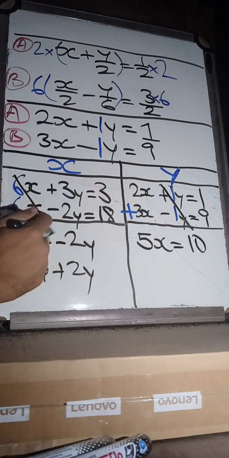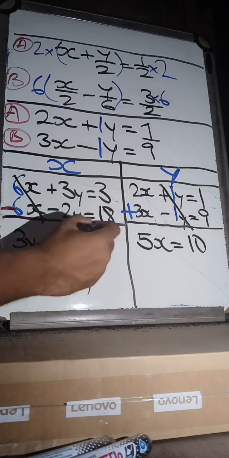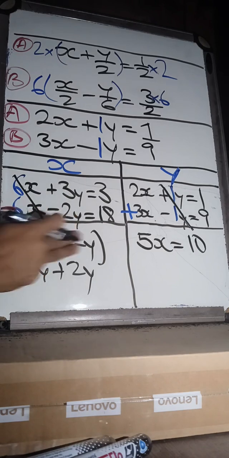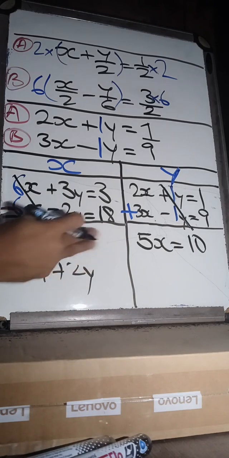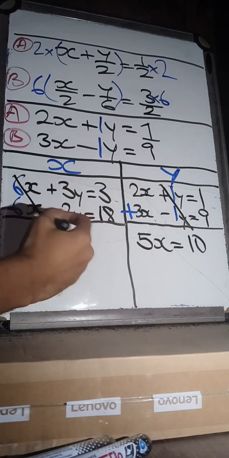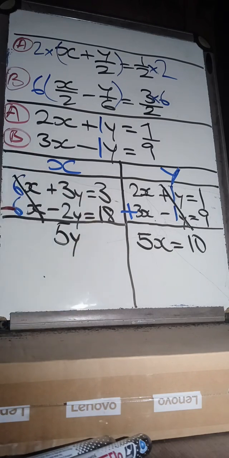So it's like you have this happening, and there's like an invisible 1 right there. So if you multiply minus 1 by minus 2y, you end up with plus 2y. So that's why you end up with 3y plus 2y, giving you 5y on this side. Okay? So that's why you have that.